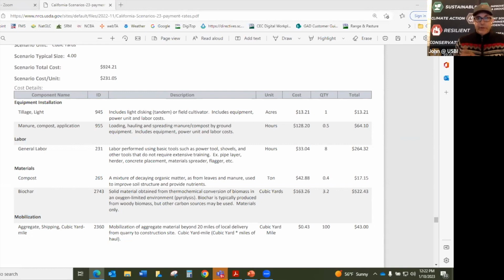But some providers have their bulk biochar in a larger dimension. Is there any guidance on the type of biochar that should be utilized within the code practice? So like anything related to bulk density, things like that, separate of the weight, the water weight?